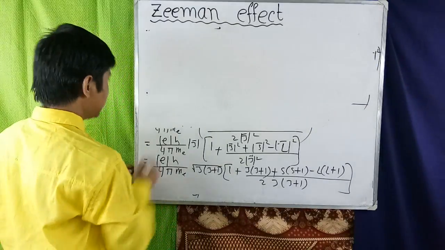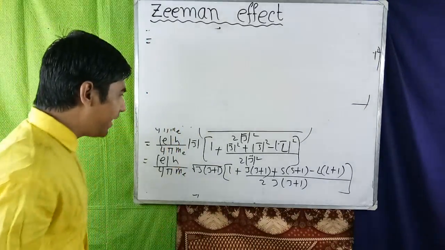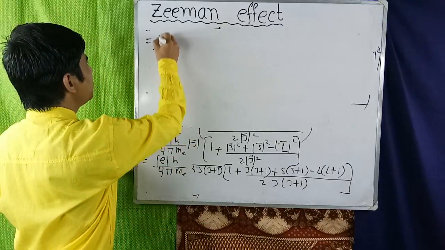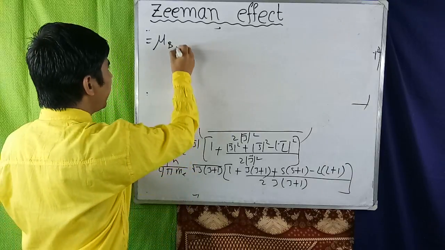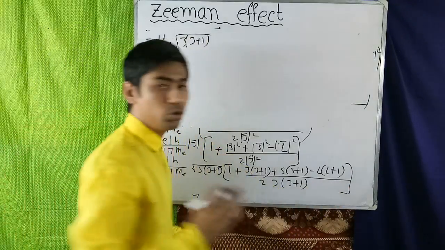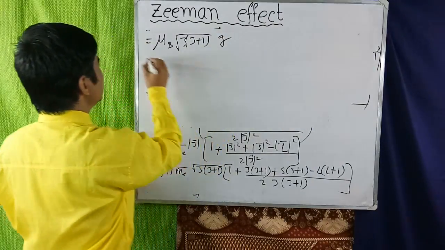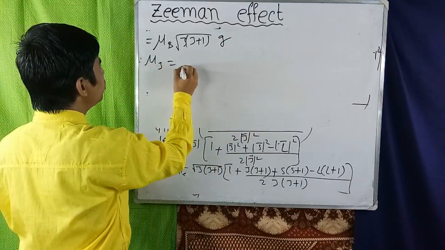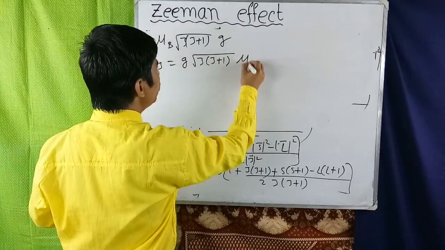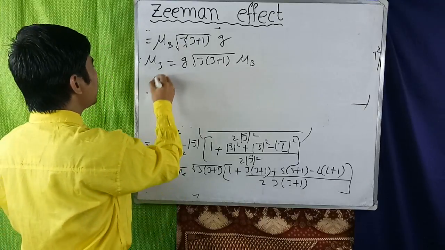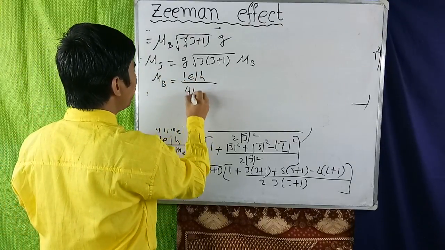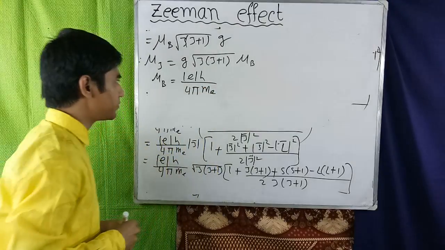Now let this term be equal to mu B. So this is mu B into root over J into J plus 1, and suppose this is equal to g. So mu J equals g into root over J into J plus 1 into mu B, where mu B equals e h by 4 pi m e.